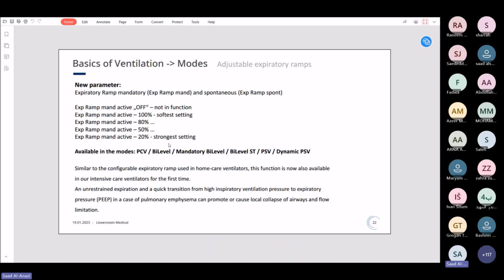So it's a really great option to help maintain or improve the trigger for the patient and give the patient a long time to exhale, probably if the patient has local collapse in the airway or flow limitations.